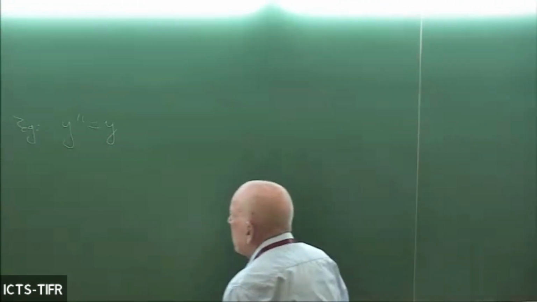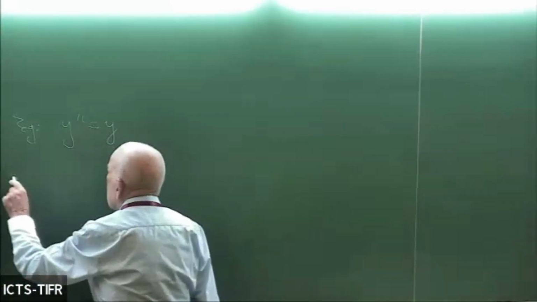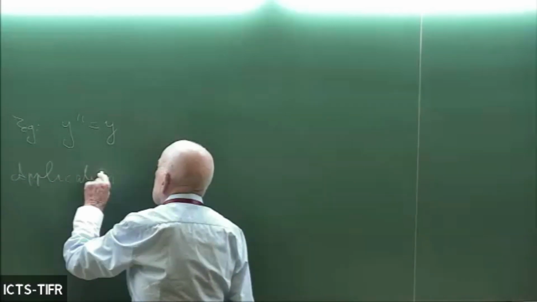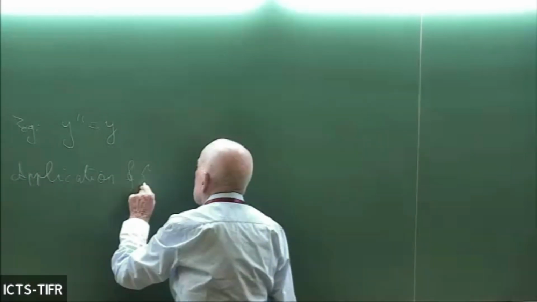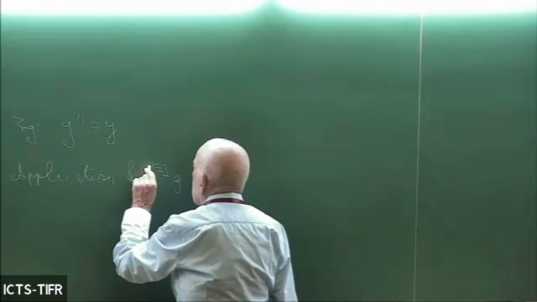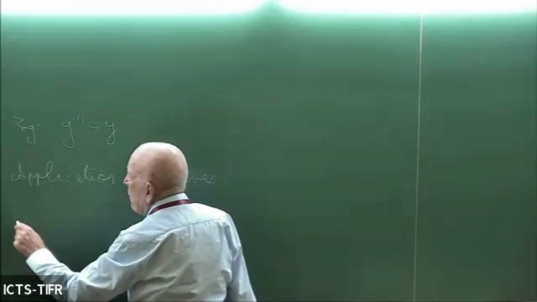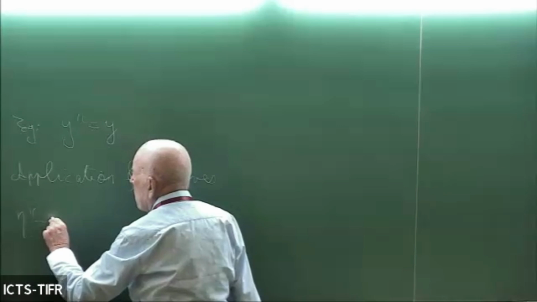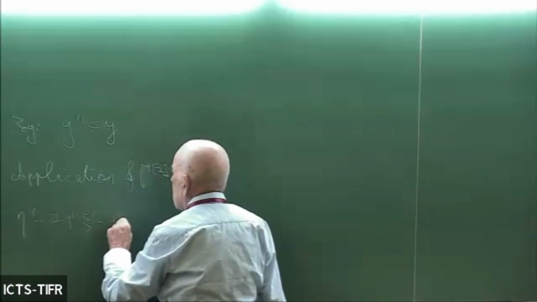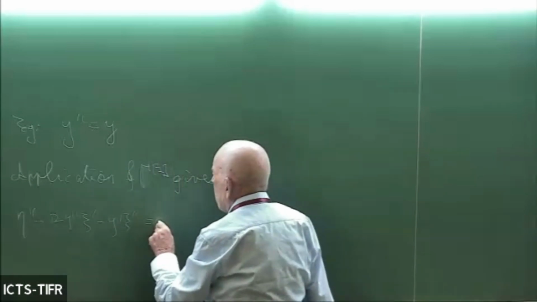So if you apply the operator, gamma 2, right, so the eta double prime, and that's just going to be plain eta.